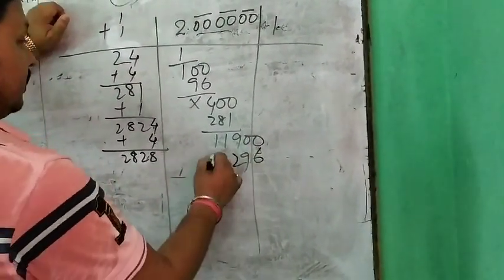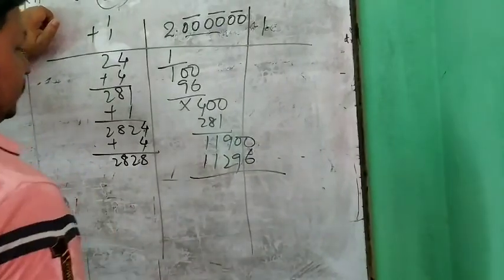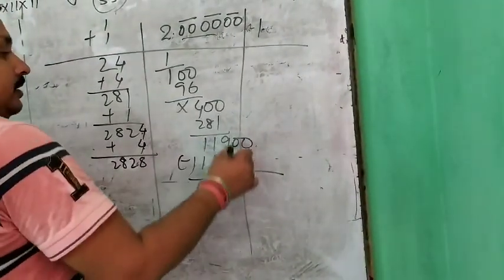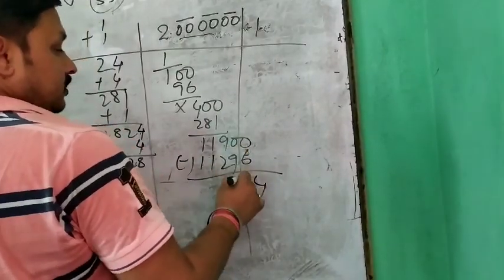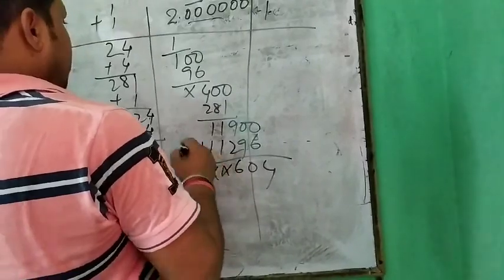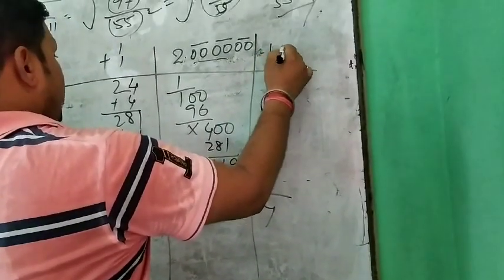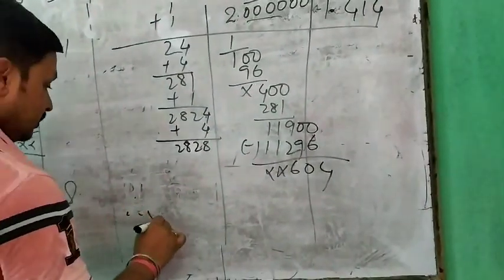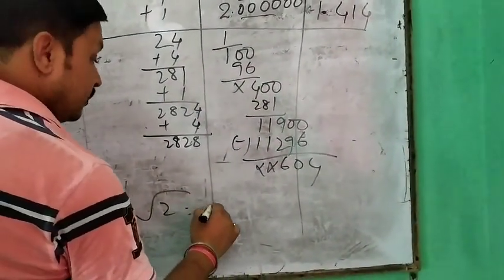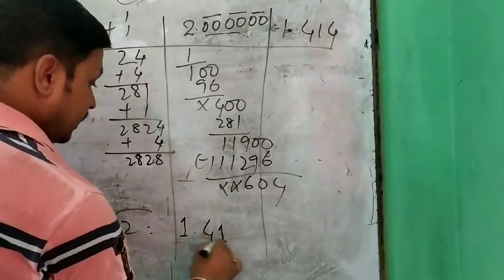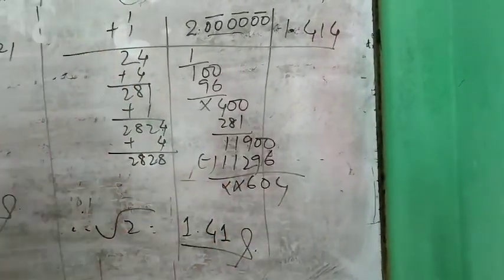So it should be written here 4, 0, 6, and here is 1.414. So root 2 is equal to 1.41 correct up to 2 decimal places.